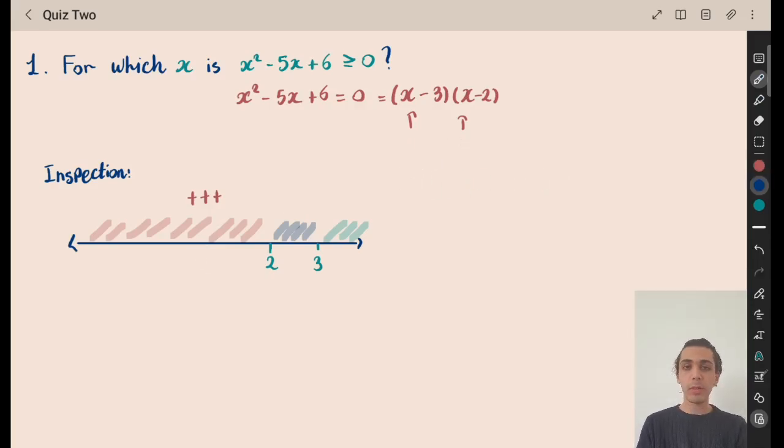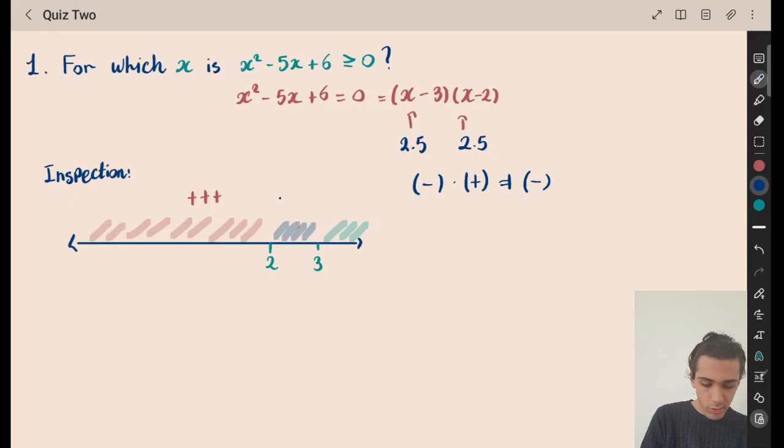Now let me inspect with a number between 2 and 3. Maybe I'll choose 2.5. Well, 2.5 minus 3 is a negative number, and 2.5 minus 2 is a positive number. So the result will actually be negative. I'm not interested in the number itself, I'm just interested in the sign.